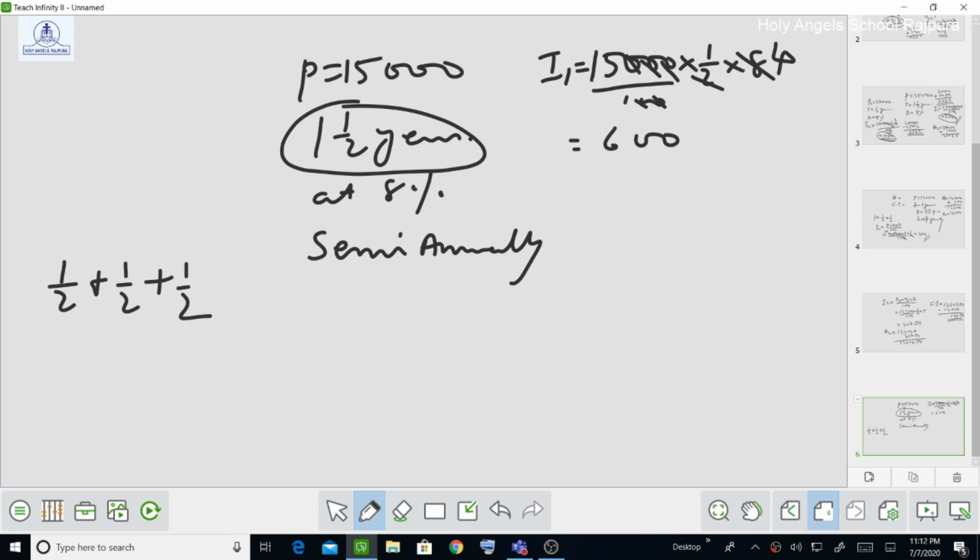And A1 is equal to 15,000 plus 600, that is 15,600.